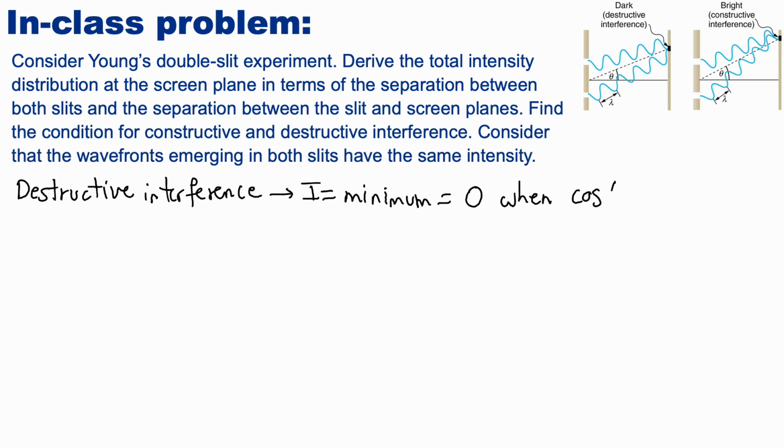That means that the cosine is going to be minus 1. So the argument of our cosine now needs to be an odd multiple of pi.